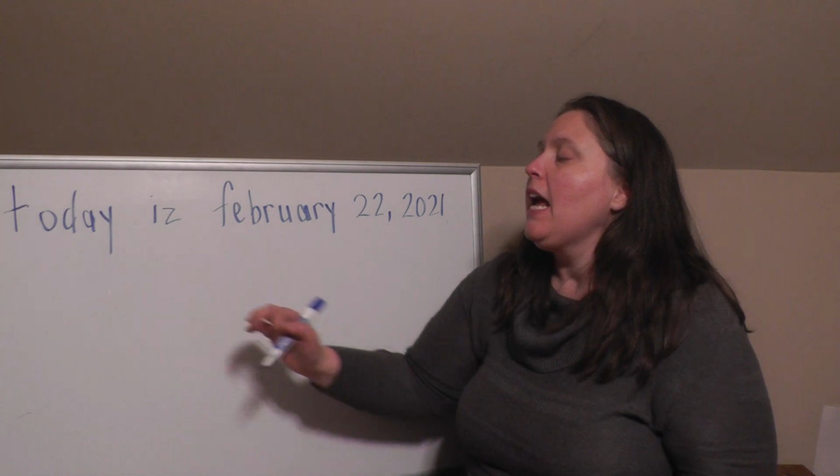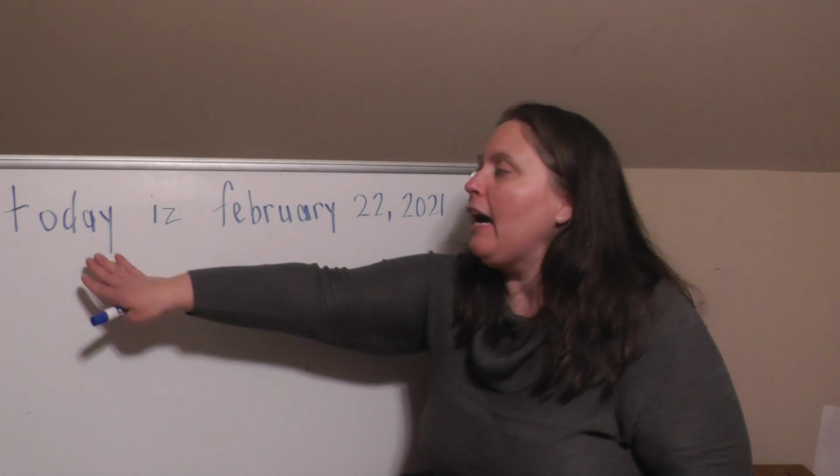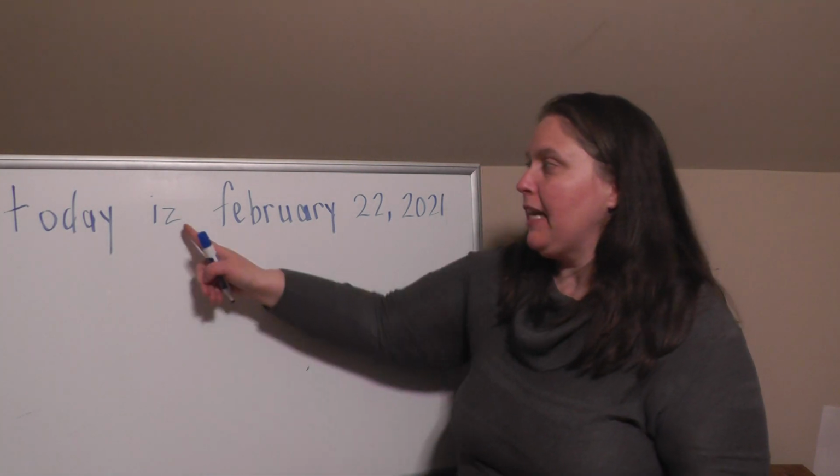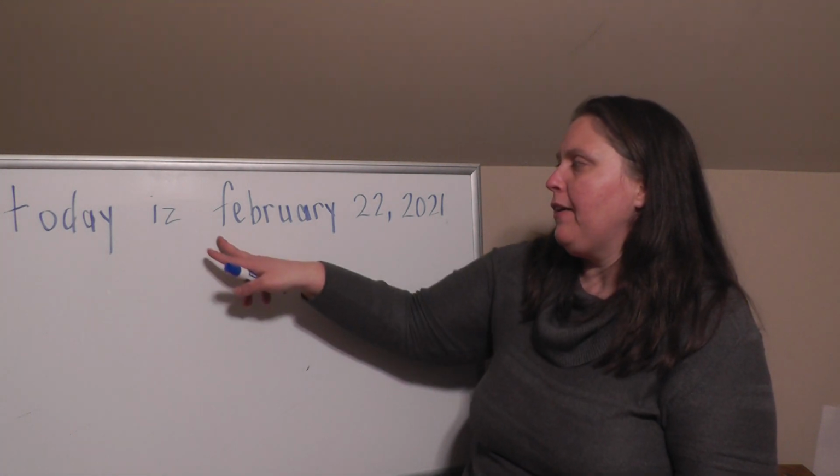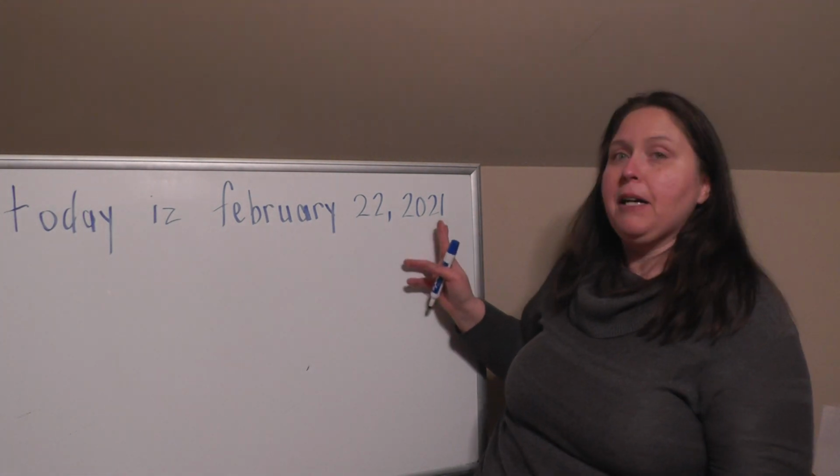How can we fix it? Then we would go through and talk about how it's missing a capital letter at the beginning. Is this misspelled? February needs a capital F. And we need punctuation at the end.